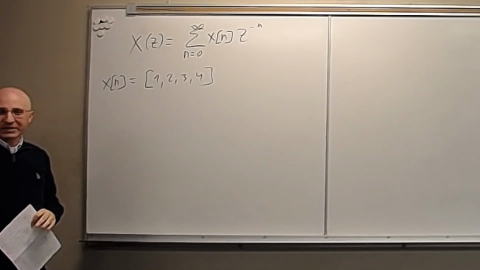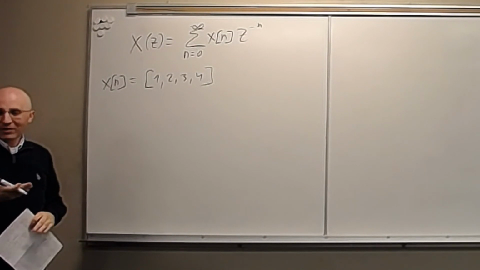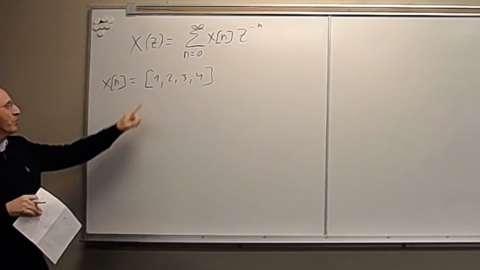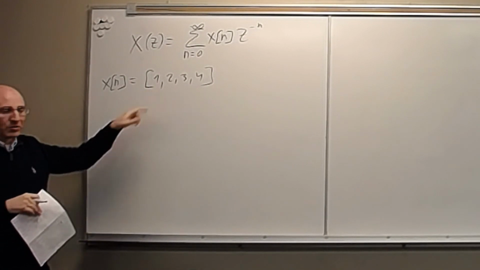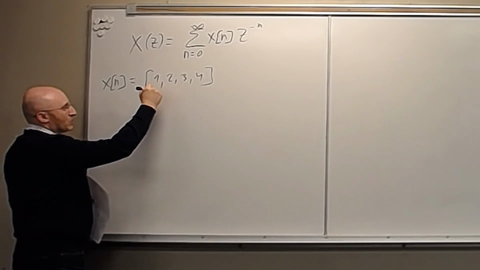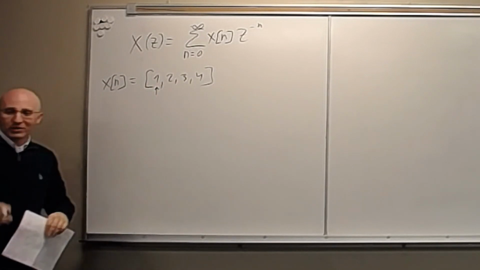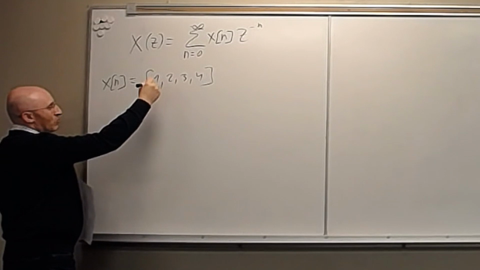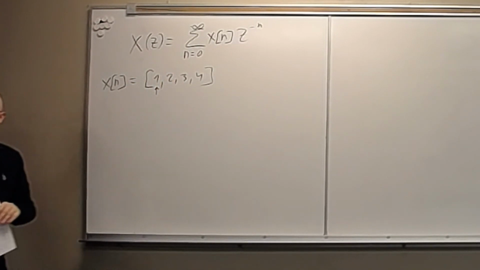But the question is, where is n equals 0? So generally, if we just give a general sequence like that, we're assuming that this one is n equals 0. Or we put in some sort of arrow like that, saying this one is the first one in the sequence, okay? If you want to show that another member is the first one, and everything else is like n minus 1, or minus 1, minus 2, minus 3, and that way it's plus 1, plus 2, and so on, then we just put in that arrow anywhere we want.